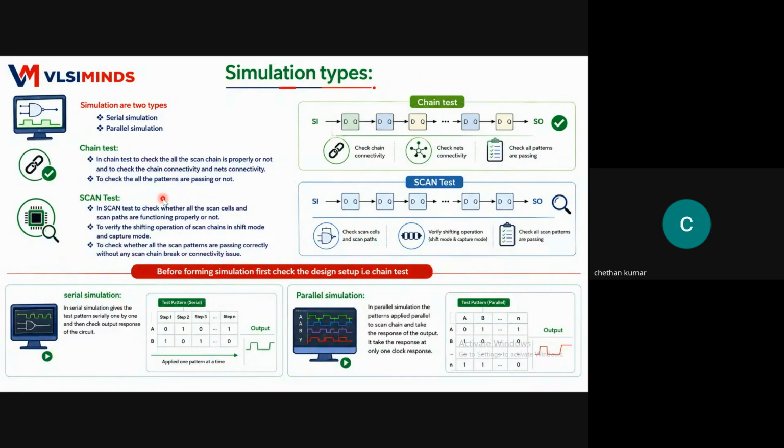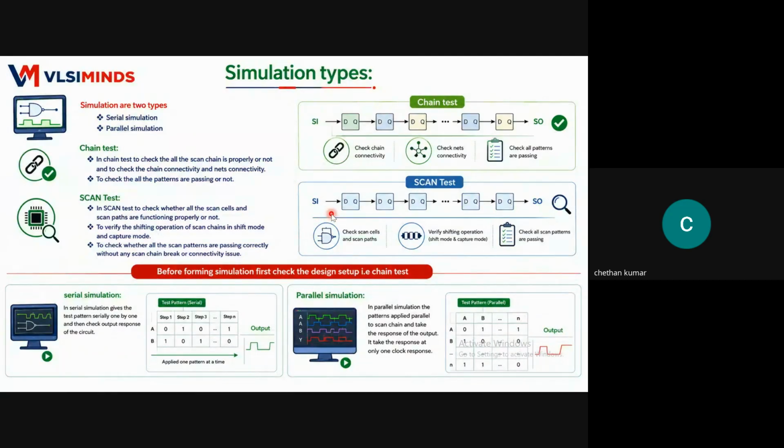That control is done by the OCC, the on-chip clock controller. Inside our design itself we have a clock controller, which decides which clock is propagated during SE equal to 1 and which clock during SE equal to 0. Based on that, we capture the data from the combinational logic, and then that is shifted out when SE is equal to 1 again.